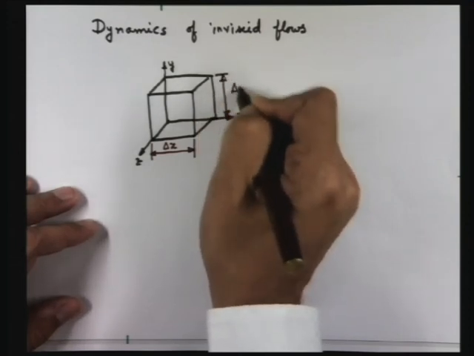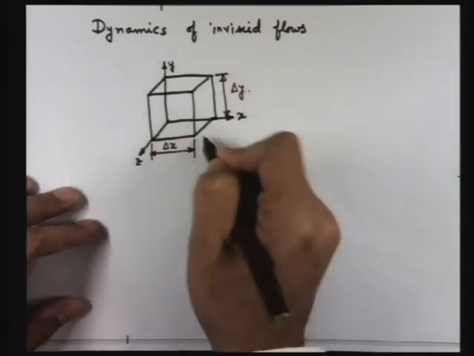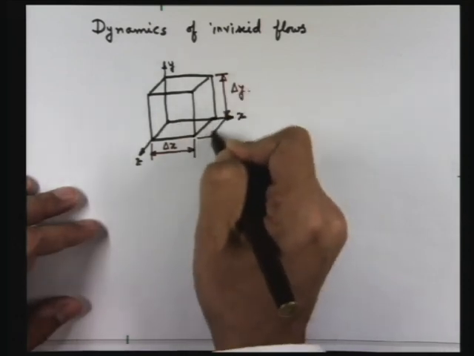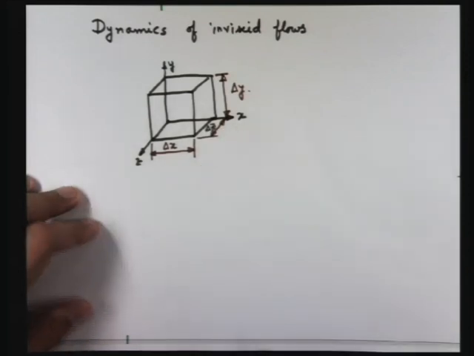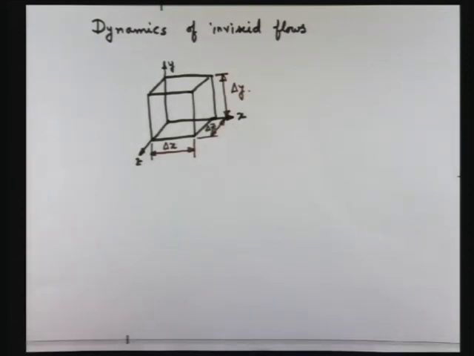This is delta y and this is delta z. We will first write the equation of motion along the x direction. What will be the forces acting along the x direction? Let us identify the forces. The figure will be very clumsy if we identify forces in all directions, so we will identify the forces only along the x direction.